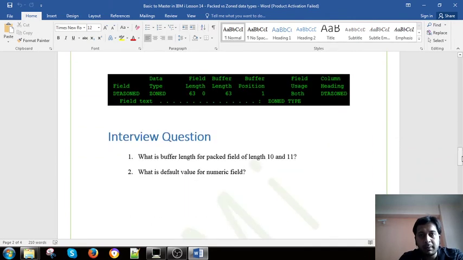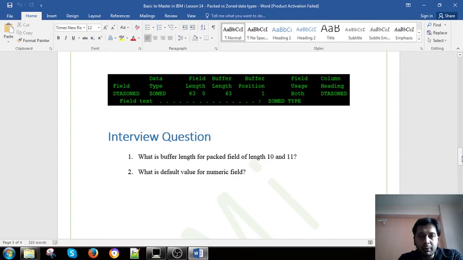It always depends on the application which fields need to be declared as packed and which not, because we don't want the data to use more size in memory. So it is very important to understand which data needs to be declared as packed and which as zone.